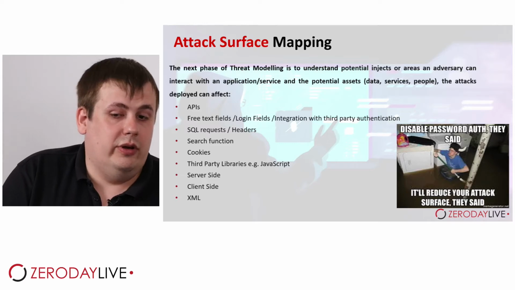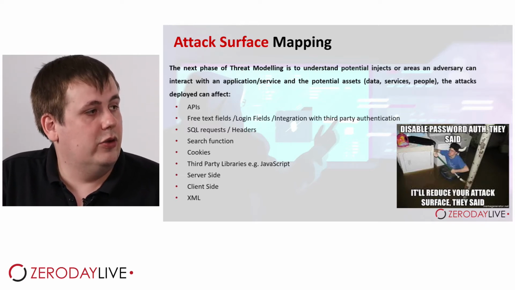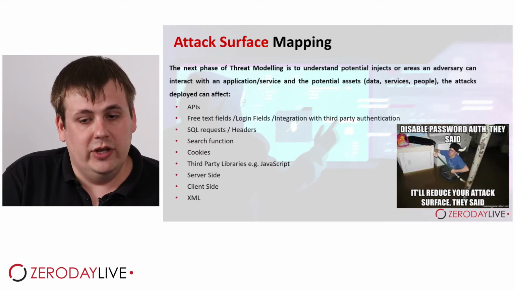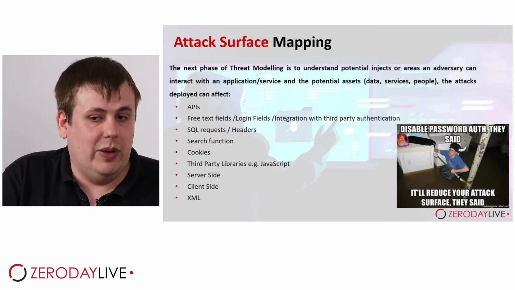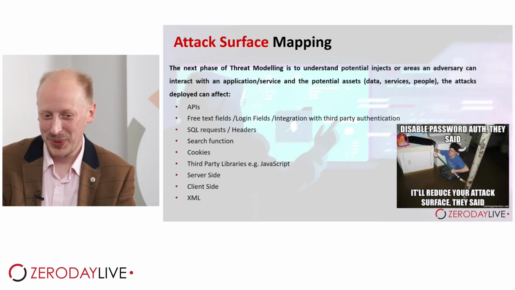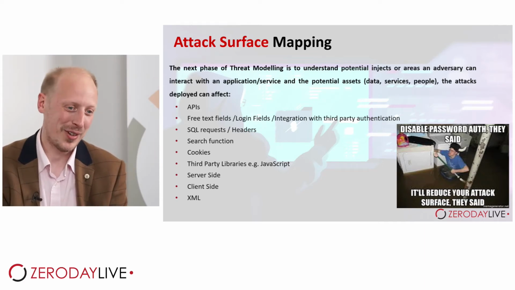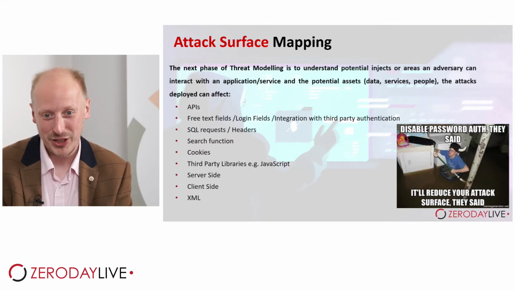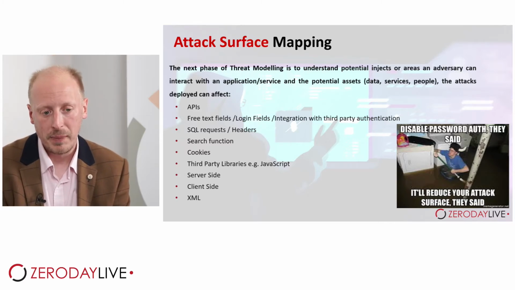Yeah, and even at the low level, simply what technologies, what methods, and what languages you are using can be a major asset in mapping out your attack surface. And one thing we haven't actually talked about yet, which is really quite important, is third-party libraries, right? A massive attack vector. If you think about groups like MageCart in the past, and still going on, but not as much in the news.